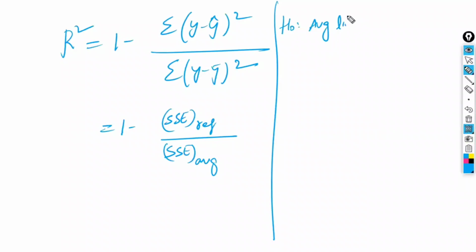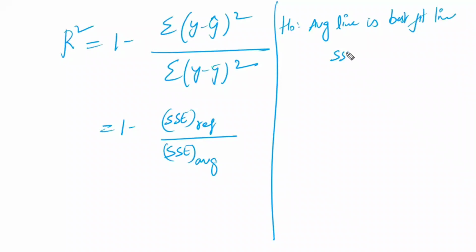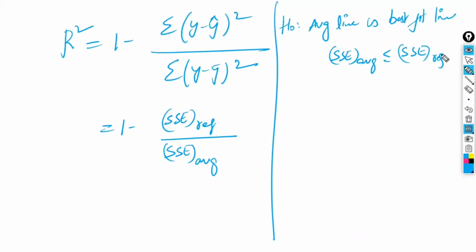What is meant by the average line being the best fit? If the sum of the squares of errors of the average is less than or equal to that of your regression equation, then the average is better. Simply go with the average only. This is the null hypothesis.